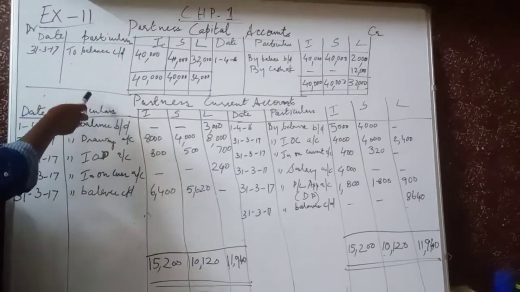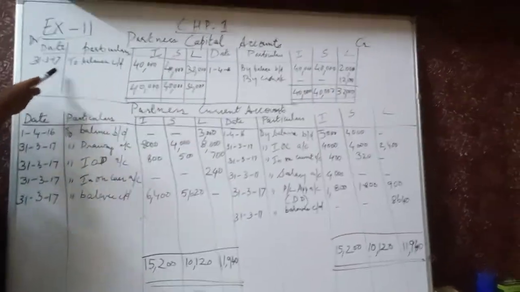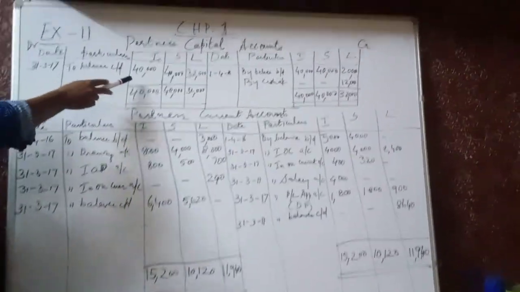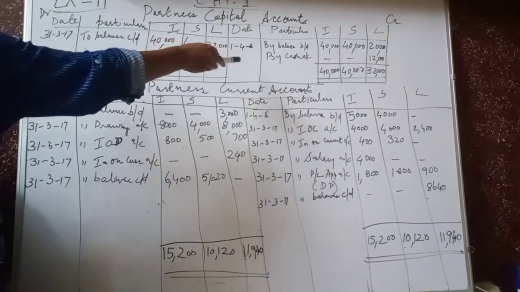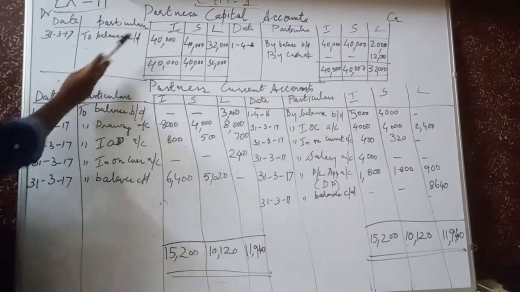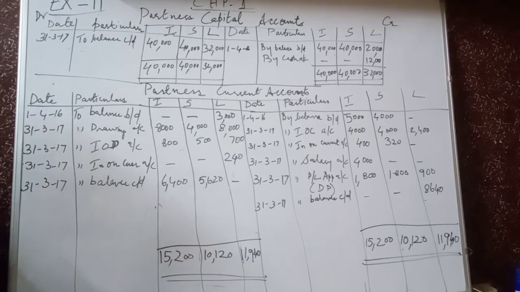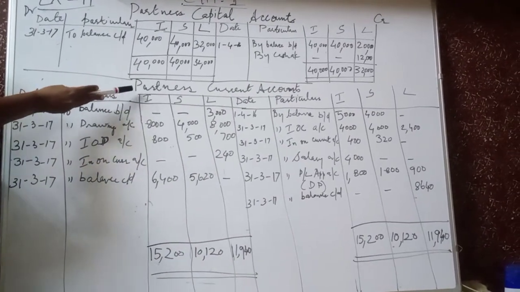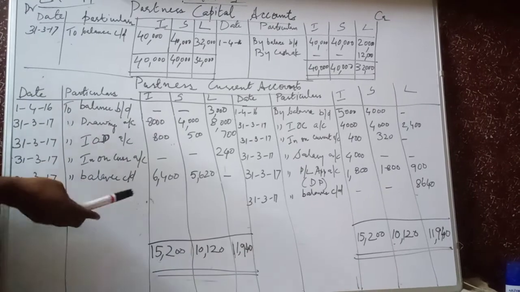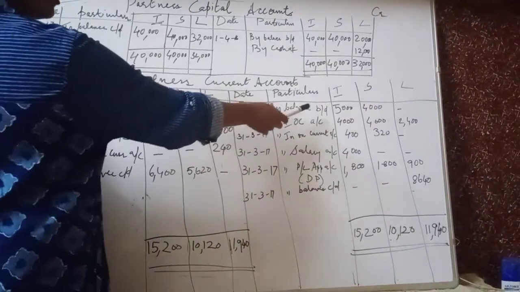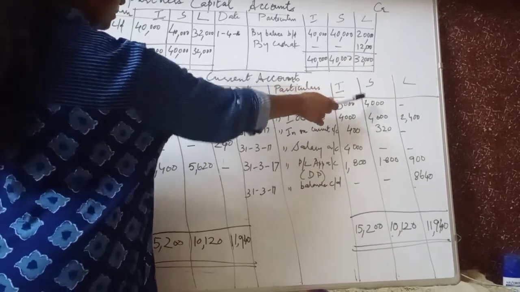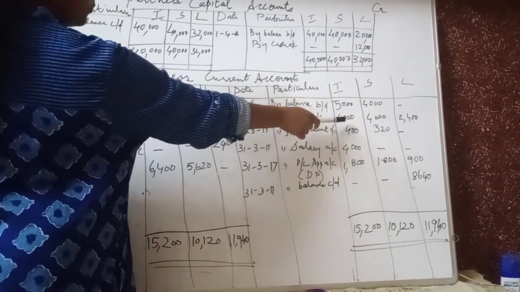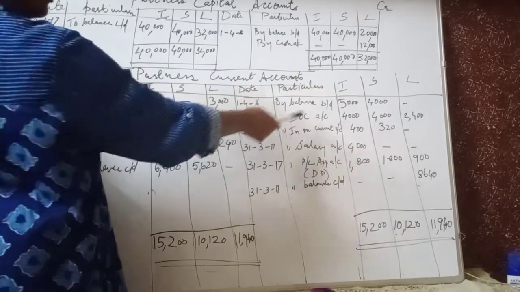Now let us see the capital accounts and the current accounts of the partners. Partners capital account: to balance 40,000, 40,000 and 32,000. The balances of partners are given, credit balances and debit balances. Now partners current account, by balance brought down for Isha, Saraswati and Lakshmi: 5,000, 4,000. Interest on capital 4,000, 4,000 and 2,400.